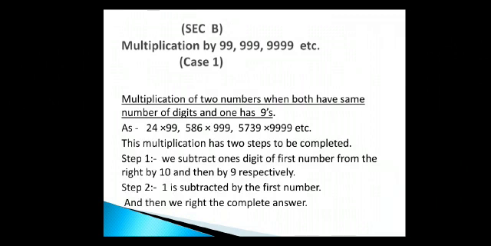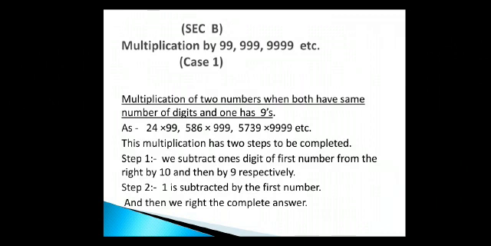So, multiplication of two numbers when both have the same number of digits and one has nines. Example: 24 into 99, 586 into 999, 5739 into 9999, etc.